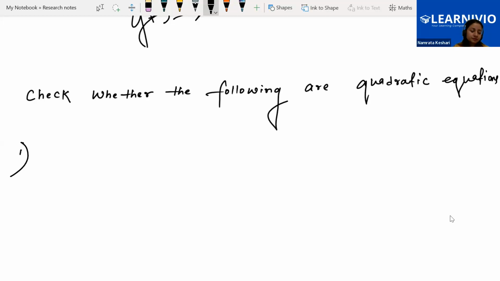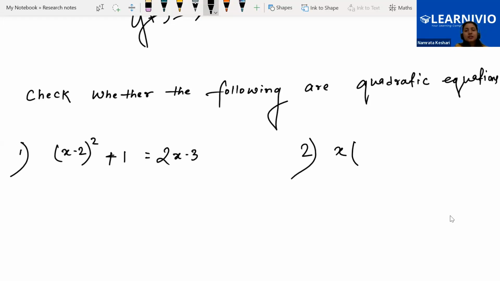Number 1, x minus 2 whole square plus 1 is equal to 2x minus 3. Number 2, x into x plus 1 plus 8 is equal to x plus 2 into x minus 2.